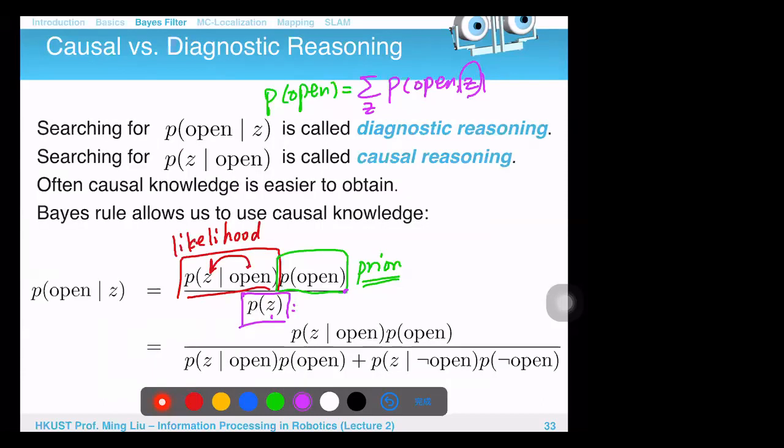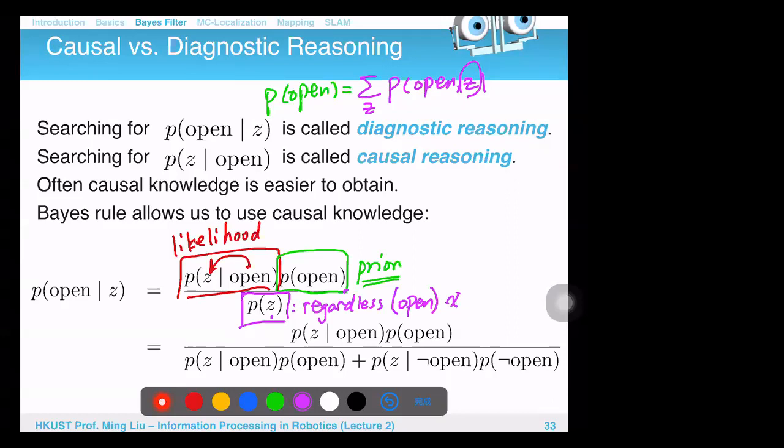So this distribution will not change, regardless of the open state, regardless of this x. No matter whether the door is open or closed, this value is not changing.